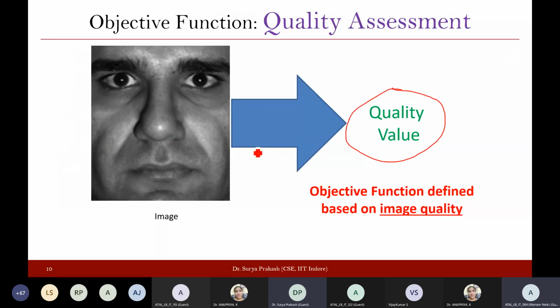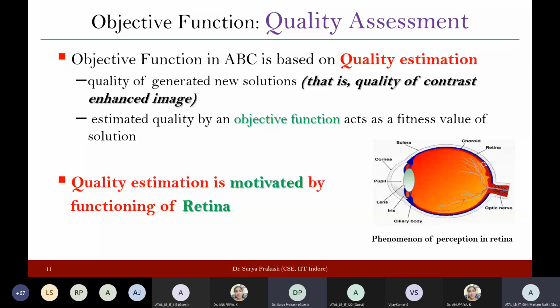So given an image, which we will be generating based on the solution, we'll check the quality, and if the quality is improving, then we'll say that we are going towards achieving the optimum for the objective function.